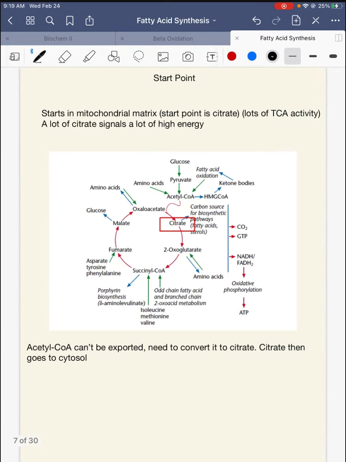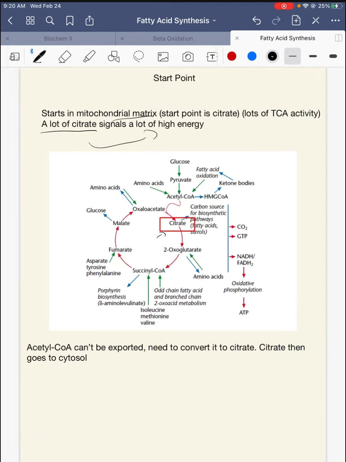Okay, so this is our start point, citrate. It happens in the cytosol, but because citrate is made by TCA in the matrix, our start point is in the matrix. Whenever we have a lot of citrate, that's one way the cell signals that it has high energy, and then it's exported, and then we make our fatty acids in the cytosol.